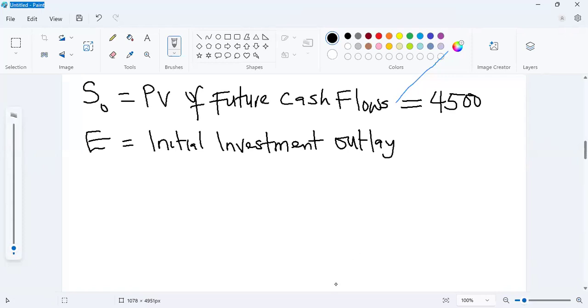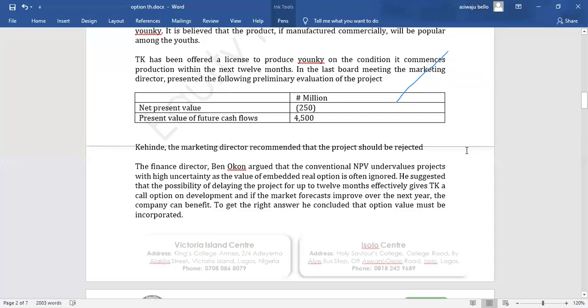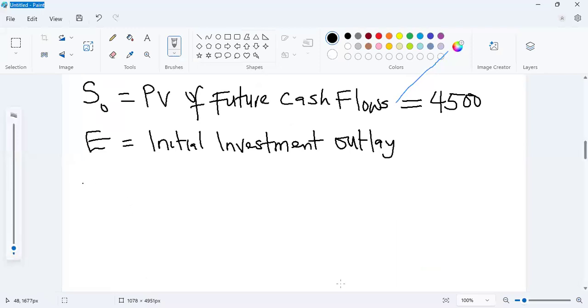No. We are not giving in the question expressly, but we can derive it. But remember that NPV is equal to the difference between present value of future cash flow and the initial capital outlay. So examiner was just trying to play smart.